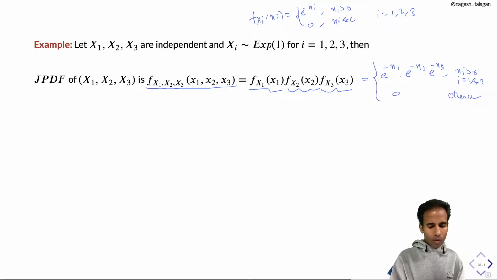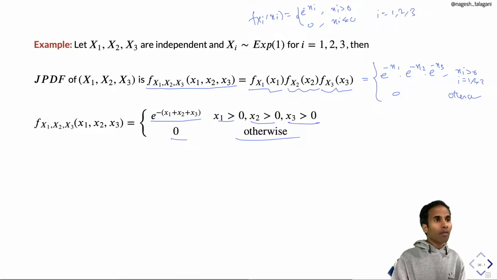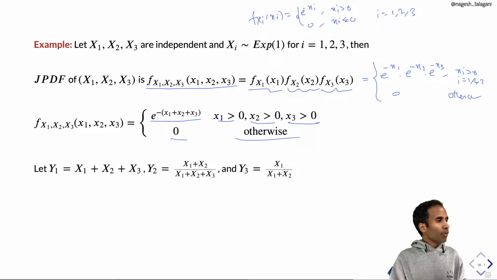So the joint PDF is e to the power minus (x1 plus x2 plus x3) for x1 positive, x2 positive, x3 positive, and 0 otherwise. Now let me consider these transformations.